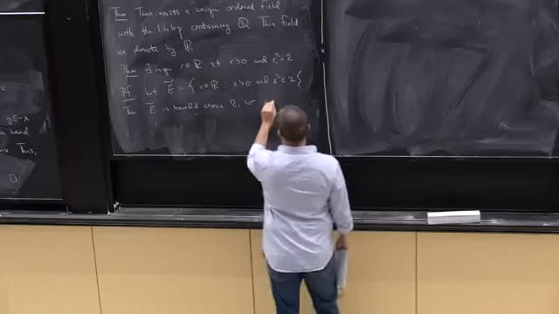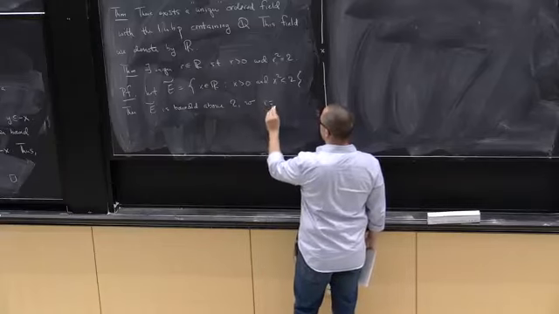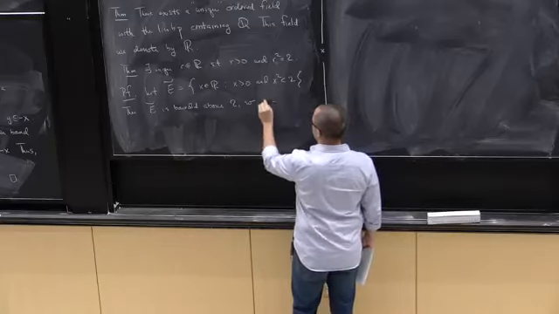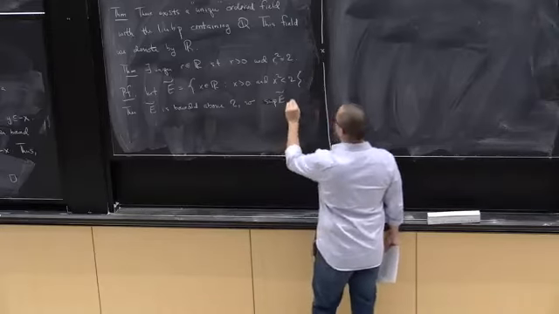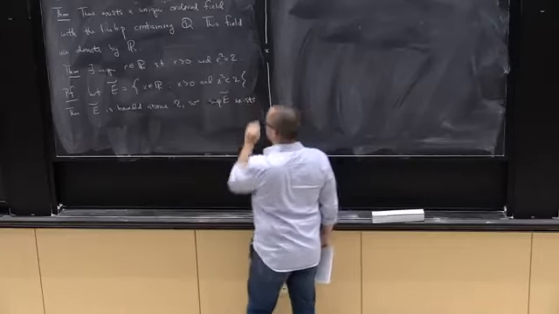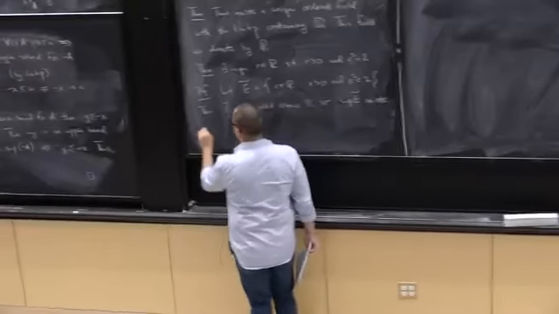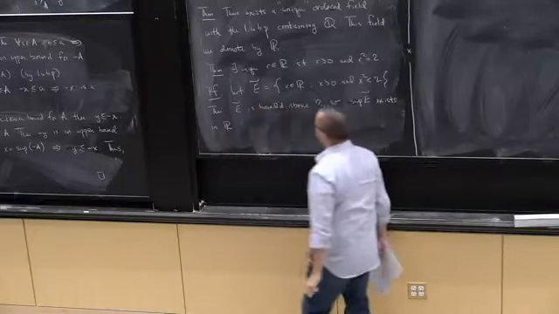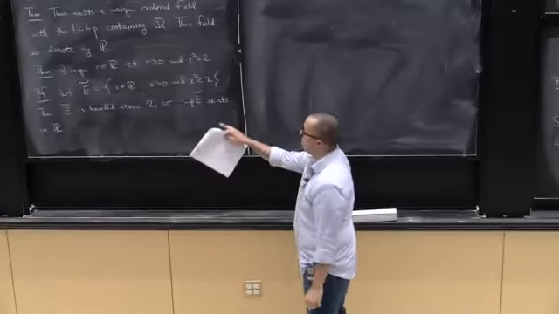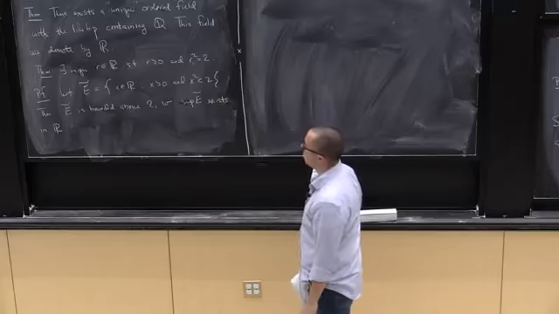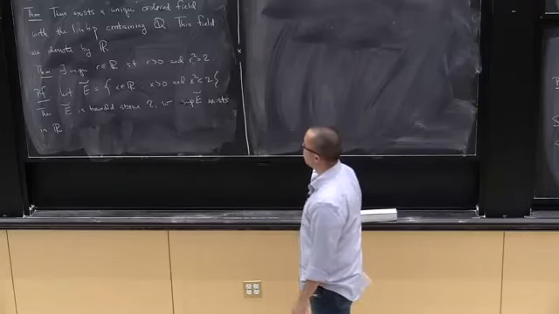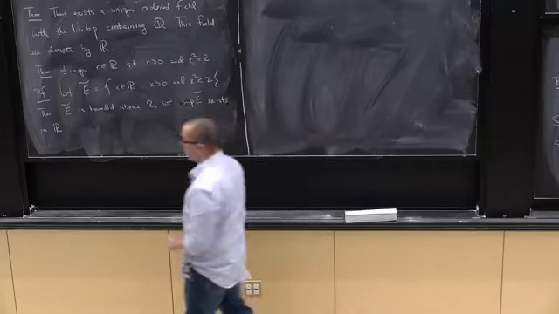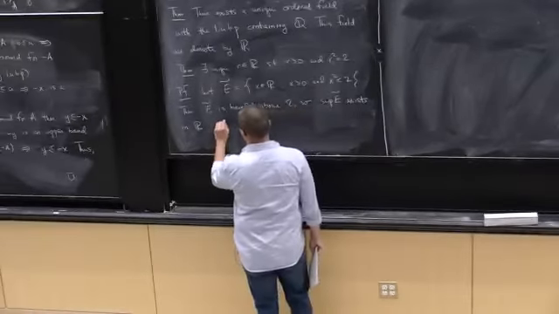So sup E exists in R. So I have this set. It's bounded above by 2. We did the proof earlier. So by the least upper bound property of R, the supremum exists. Okay? Call this element little r.